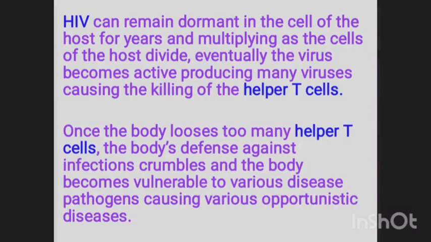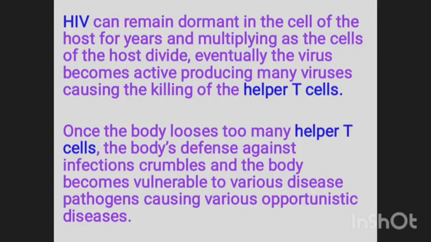So it can take years before it can destroy all the helper cells in the host. And once the body loses too many helper cells, the body defense system against infections crumbles and the body becomes vulnerable to various diseases, pathogens, which cause various opportunistic diseases.